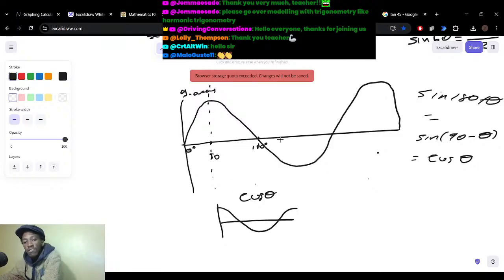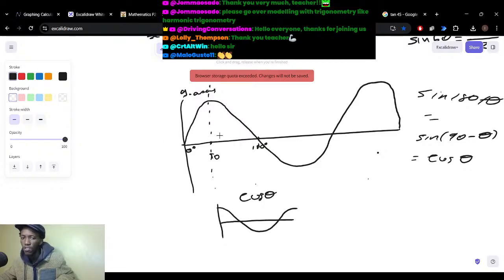If you are able to understand what I'm saying, then you will definitely have no problems in knowing how to reduce your trigonometric functions. You just shift your y-axis and then look at your resulting graph, which graph does it resemble? Is it cos?